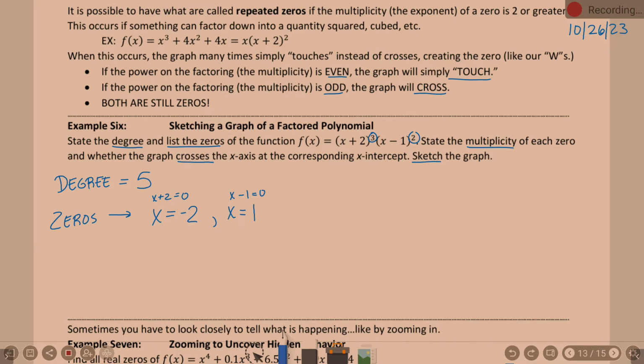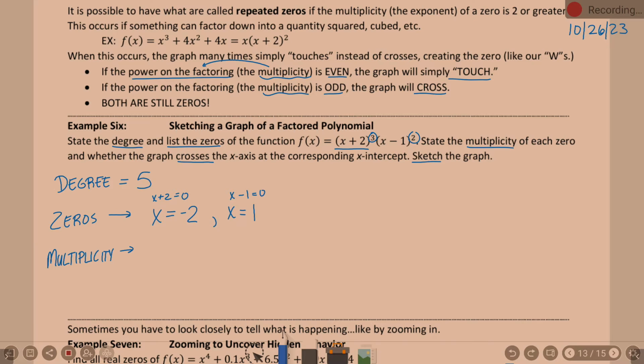Now, after zeros, it asks us, and this is where we're going to have to talk about it, to state the multiplicity of each of these. Okay? Now, we talked yesterday very briefly about multiplicity, and it says if the power on the factor, or the multiplicity, is even or is odd. So multiplicity is the power on the factor. X equals negative 2 came from this factor of x plus 2, yes?